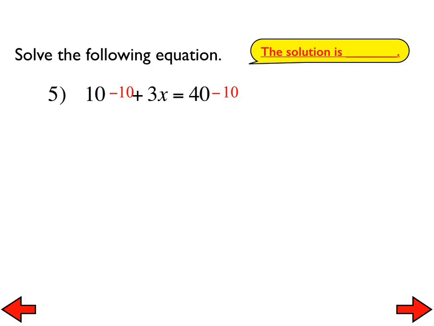The check is making sure that those two things are opposites right here. And they were. Or in other words, they made 0. And so on the right-hand side, I have 30. On the left-hand side, I have 3x. And now it's a one-step equation. 3x is the same thing as 3 times x. The inverse to that is to divide by 3. We do that, and the solution is x equals 10.